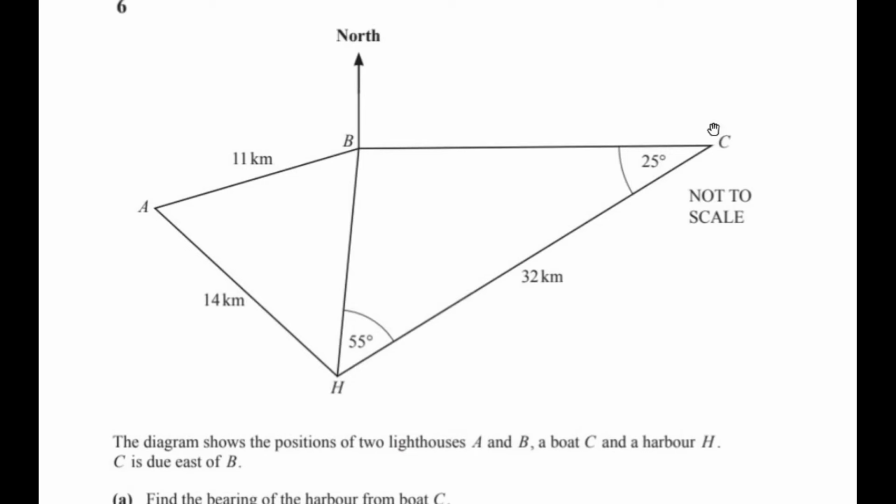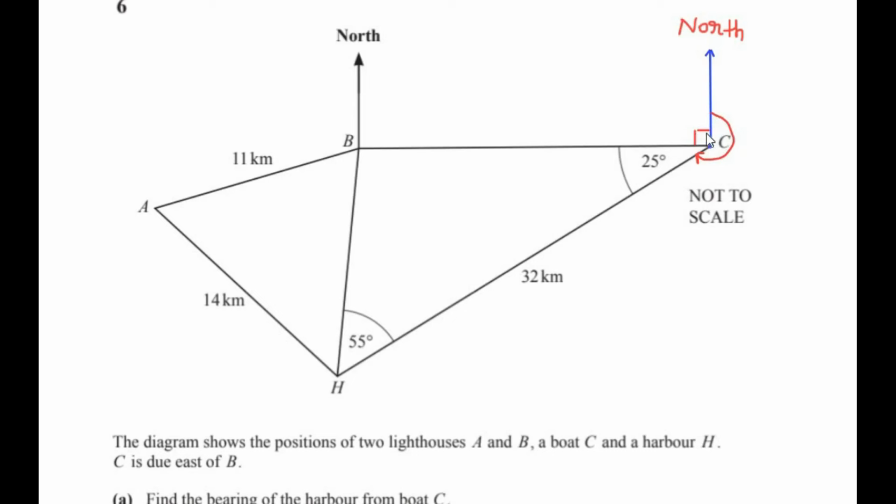So let me draw a north line over here first. So here we have drawn a north line at point C. Now there is a 90-degree angle between the point B and the north of point C. Now we have to keep turning around till we reach the line which is touching H. So we have drawn this arrow. Now the total angle made at point C is going to be 360 degrees.